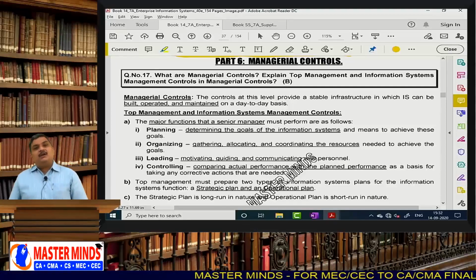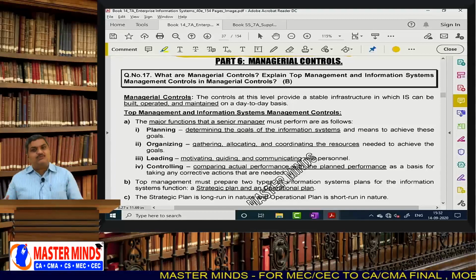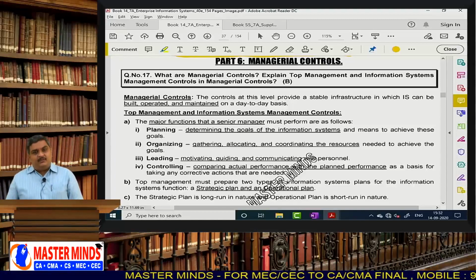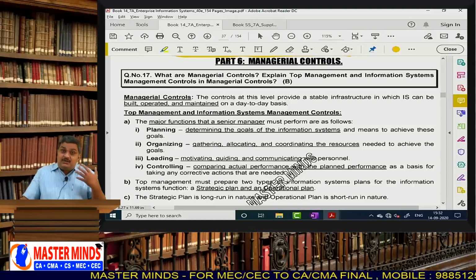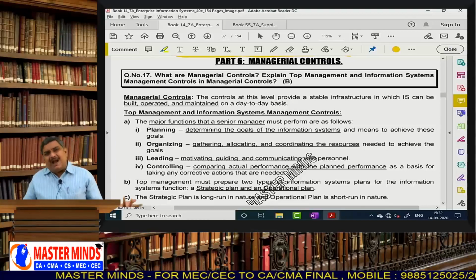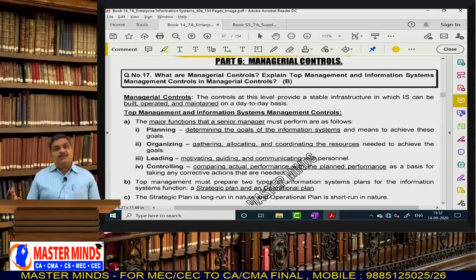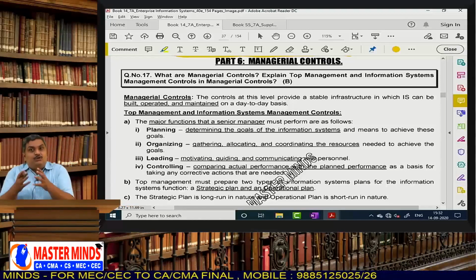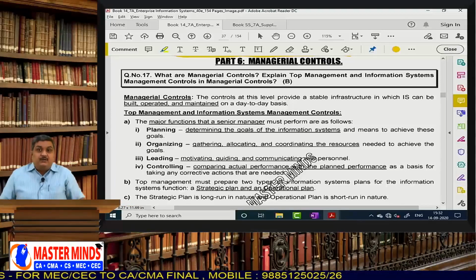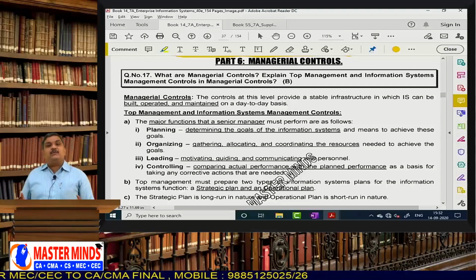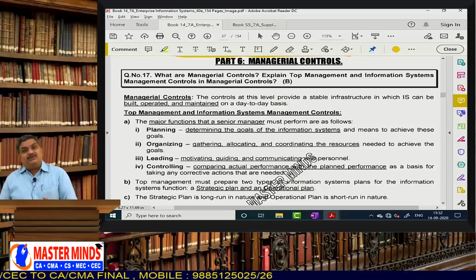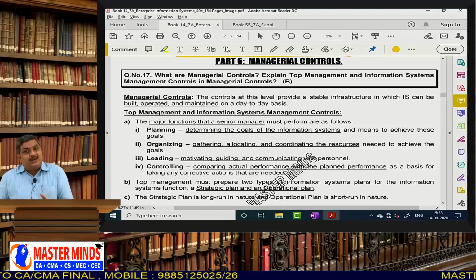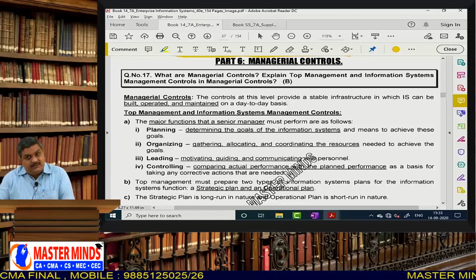Whenever we refer to management, we should understand the functions of management. What do you mean by managing? If you want to manage something, like an information system, you need to plan for it. You need to organize, staff, direct, and control.